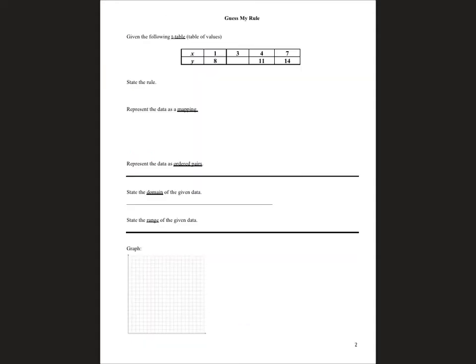So let's say I give you a table of values. Notice that you have X values. These are your input values, also known as your domain values. And you've been given some Y's in the second row, which are your output values, your range values.